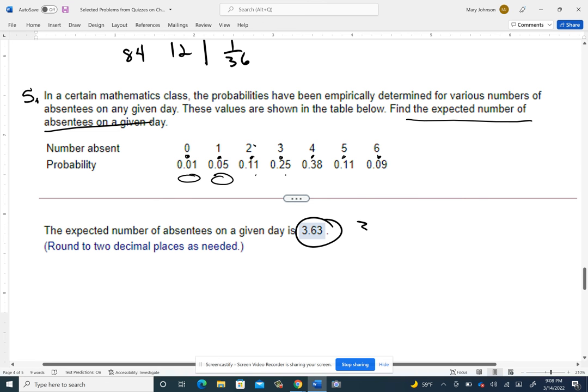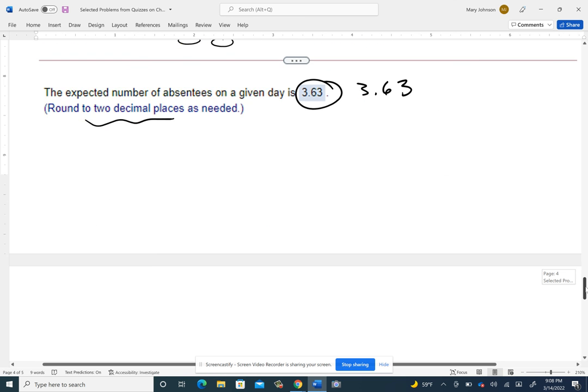I get that right there, 3.63. Told me to round to 2 decimal places, but it actually turned out to be that. So on any given day, I'd expect there to be around 3 to 4 absences. Okay. All right. And it told me to round to 2, so that's why I did that. But like, you can't have a part of a person there. So, if you wanted to say, oh, around 4 absences, I would give you credit for that.